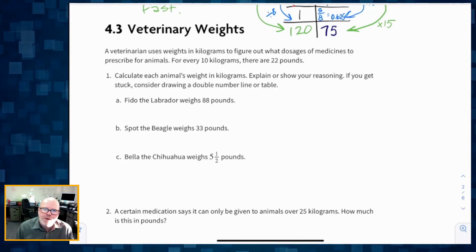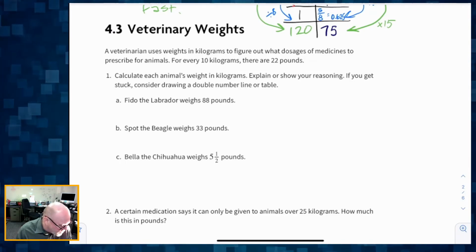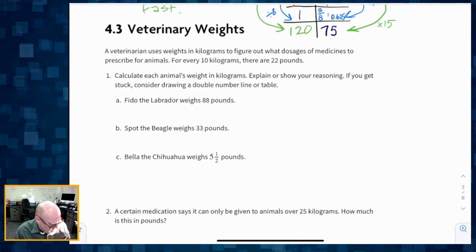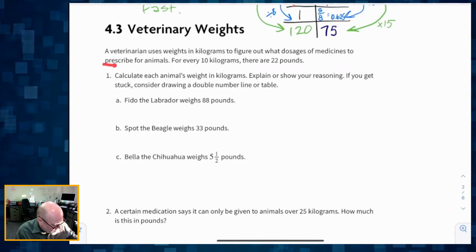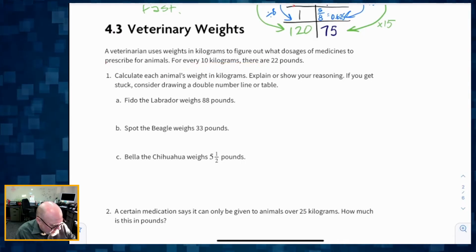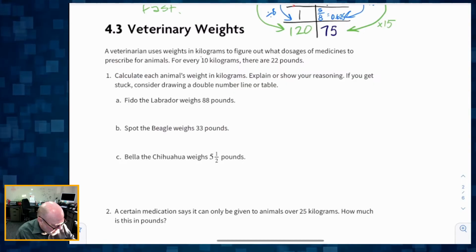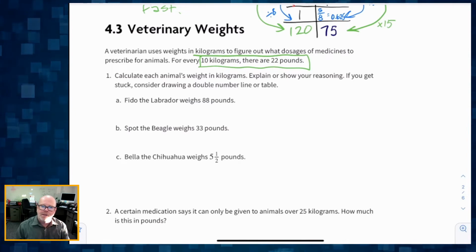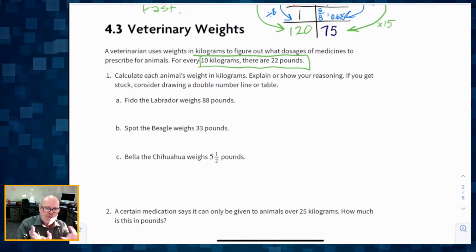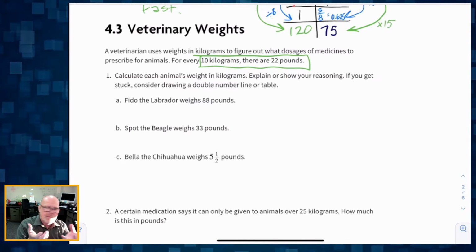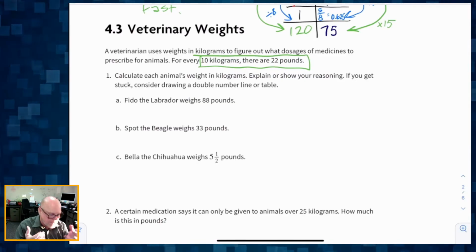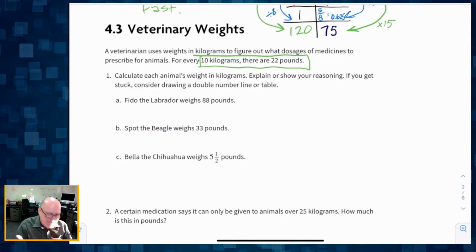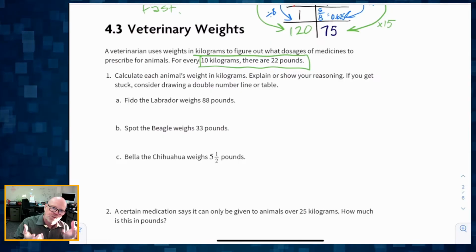All right, veterinary weights. A veterinarian uses weights in kilograms to figure out what dosages of medicines to prescribe for the animals. And here's the key, and this is a true story as well: for every 10 kilograms, there's 22 pounds. So 10 kilograms is equal to 22 pounds.